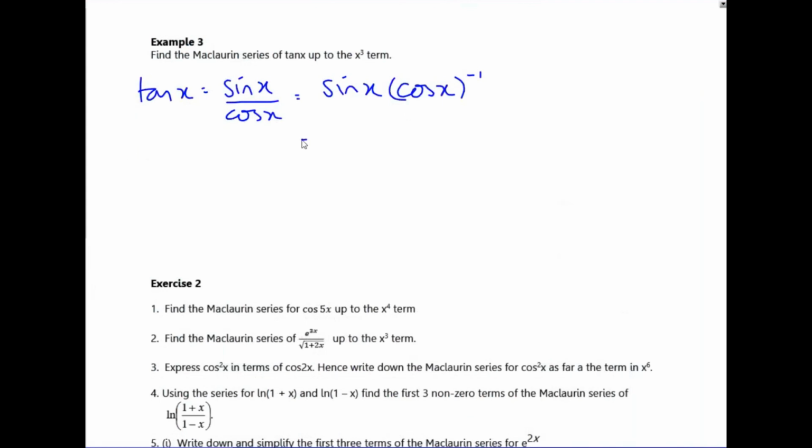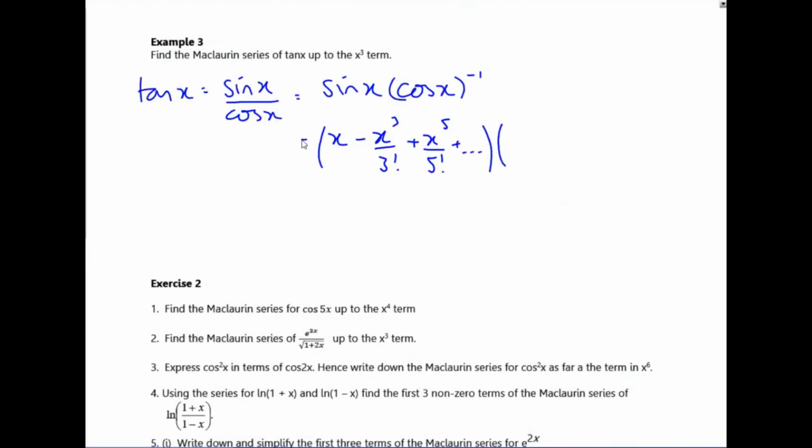So we've got the standard formula for sine x, which is on the formula sheet. The standard formula for sine x is x minus x cubed over 3 factorial plus x to the 5 over 5 factorial.